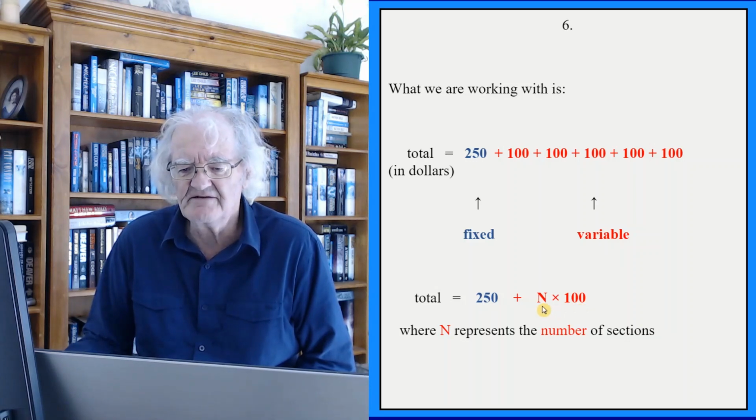Notice the N represents the number of sections. And our two variables in this equation are the total and the number of sections generating that total.